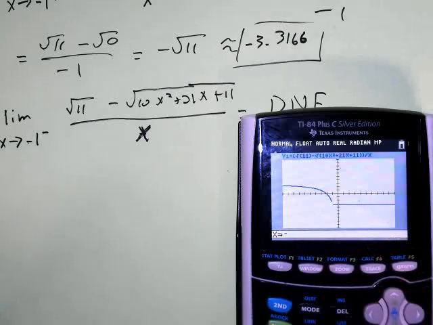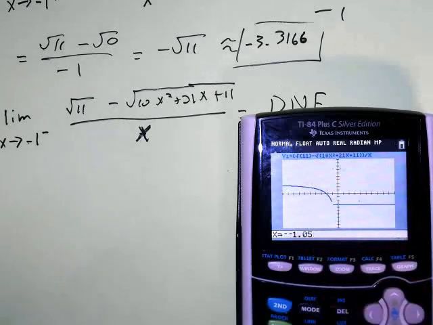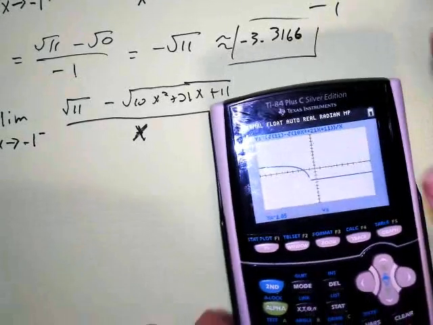Let me do negative 1.05, a little bit further away from negative 1, and you see it's still not defined. See that? It's blank for the y.